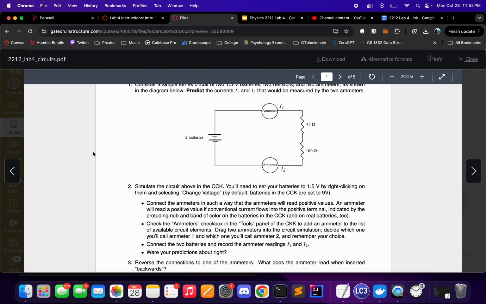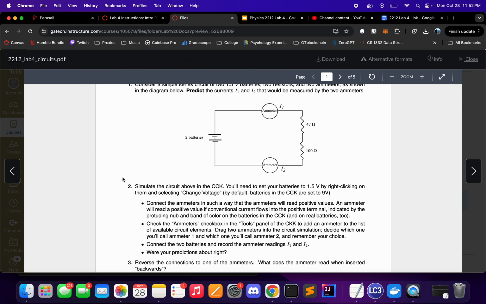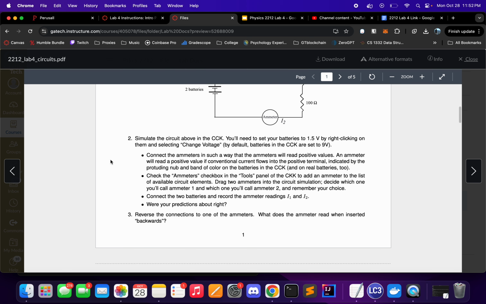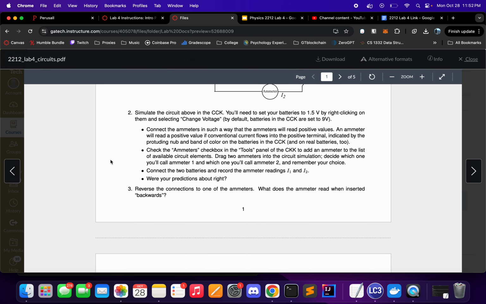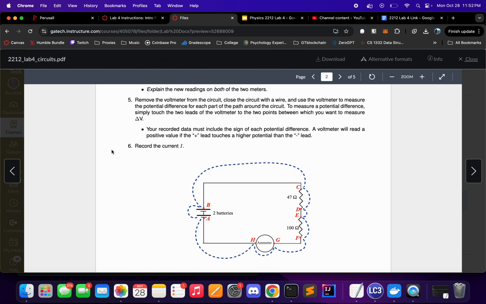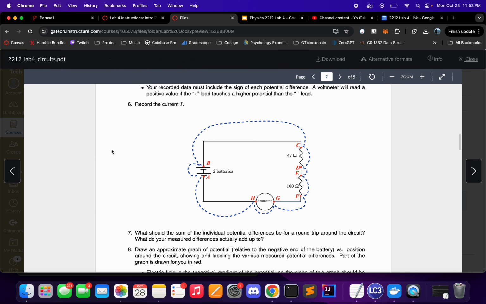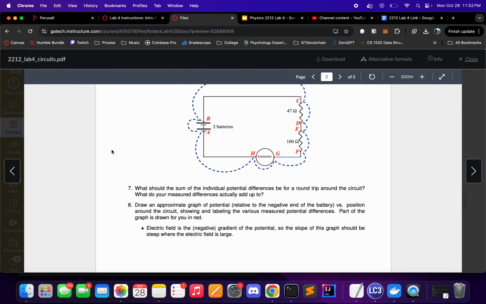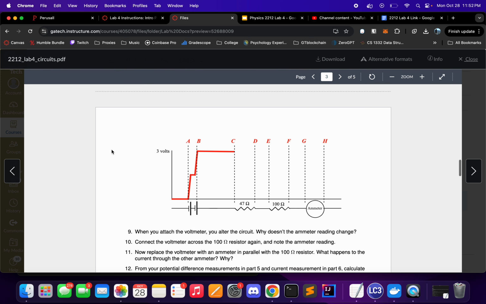Our predicted current was supposed to be 0.0204 amps. My actual current, which I conducted in the lab, was 0.02. And when you reverse the ammeter, it is negative 0.02 because you're putting negative to positive and vice versa.